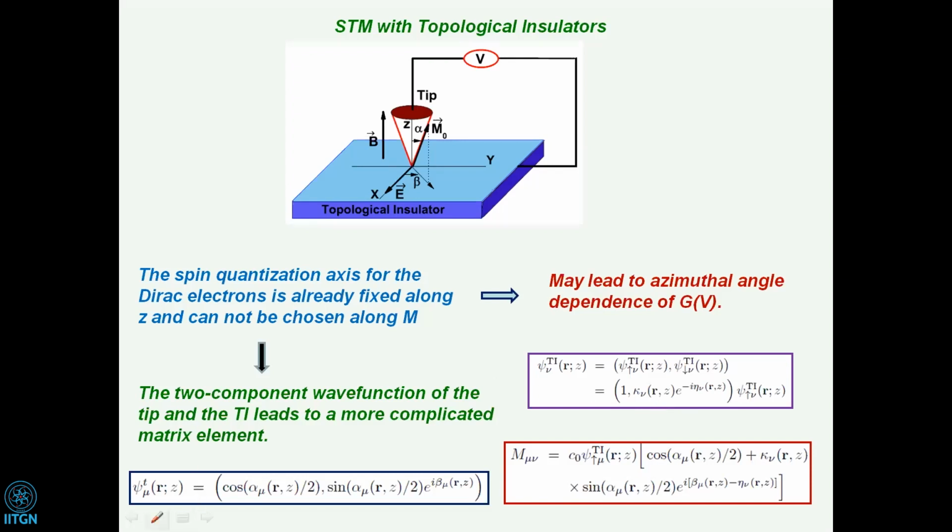And also the wave function of the electrons on the surface of the topological insulator is given by this, and the azimuthal angle dependence is given by this beta, or beta mu. And this can also be a complicated function of R and Z. And we are going to take it to be just some constant, but that's just an approximation.